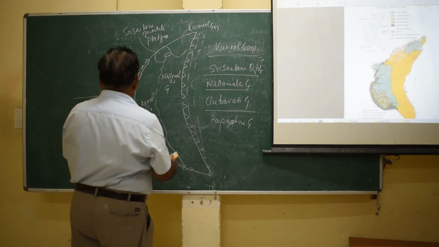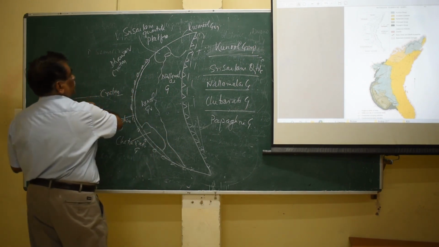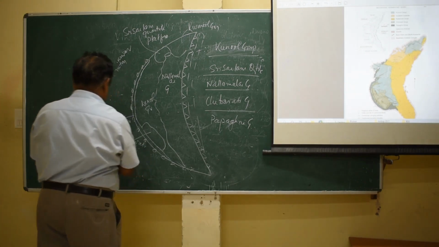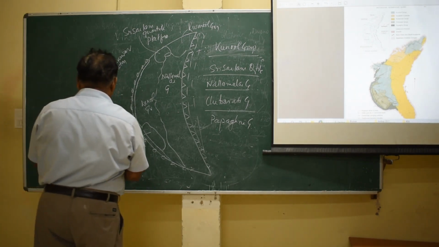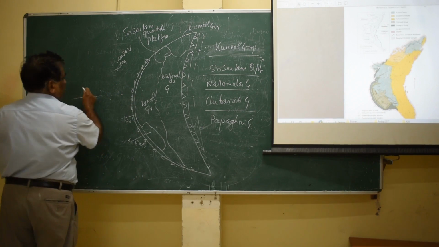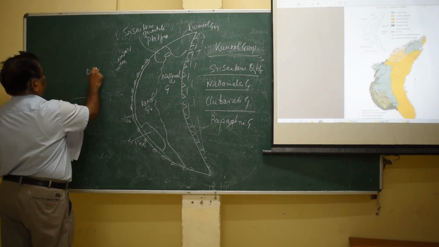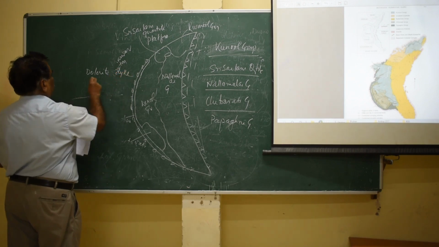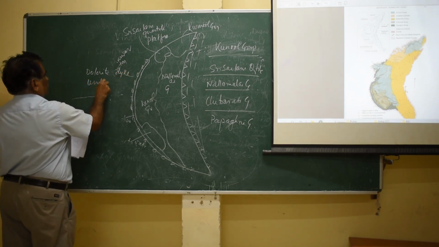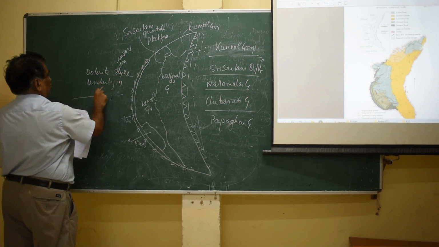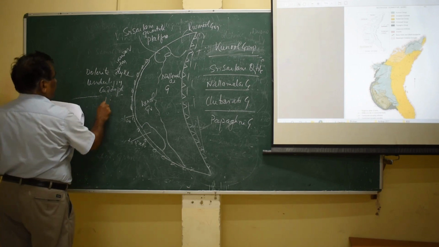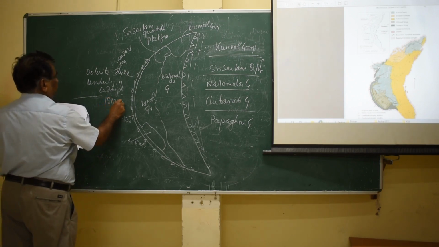Now these groups, I'll remove this part or I'll write down here. There are some dolerite dikes underlying the Kadapa. That has produced an age of 1800 million years.